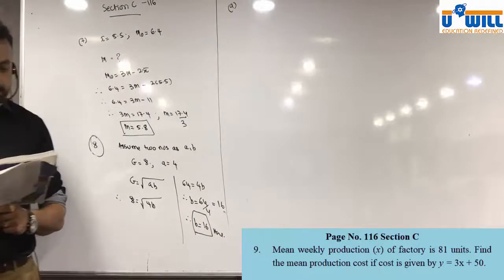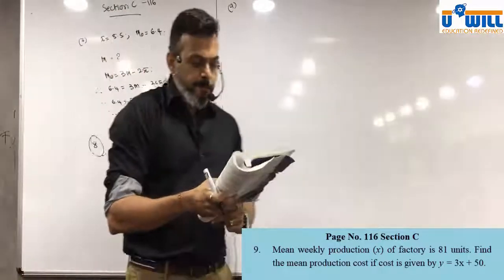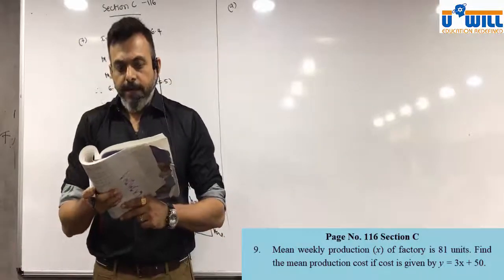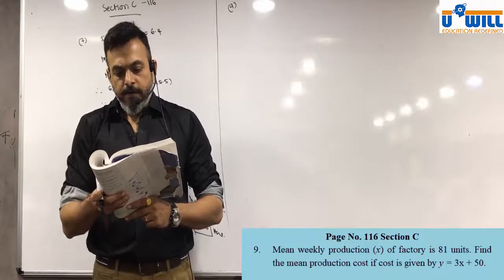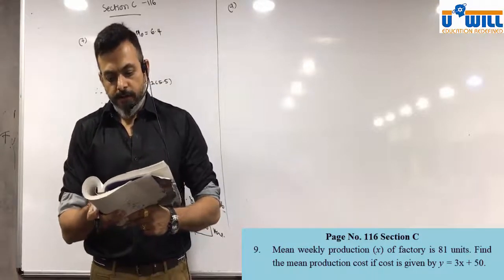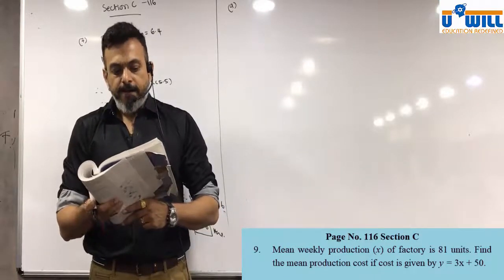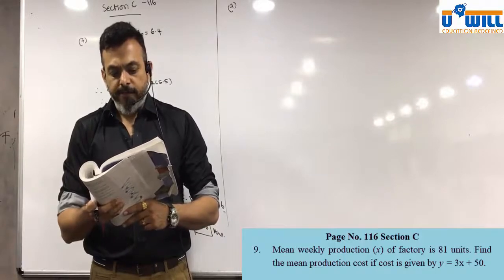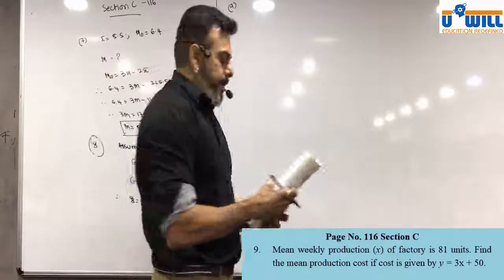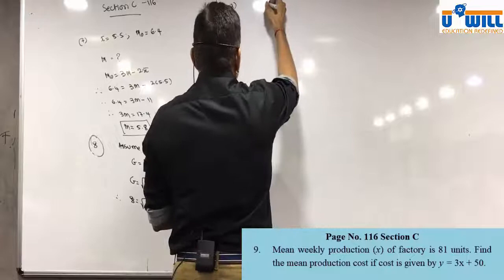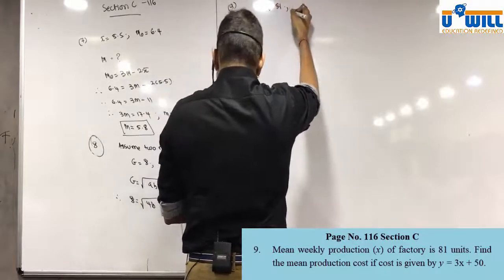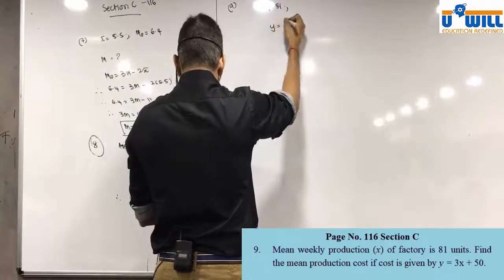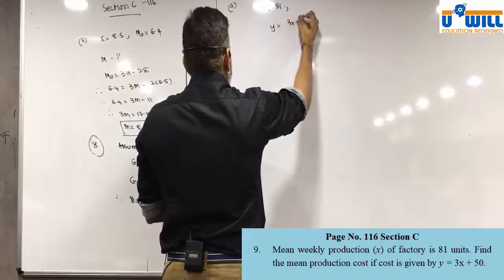Mean weekly production X of a factory is 81 units. Find the mean production cost if cost is given by y is equal to 3x plus 50. Let's do it. X bar is equal to 81. Y is equal to 3x plus 50.